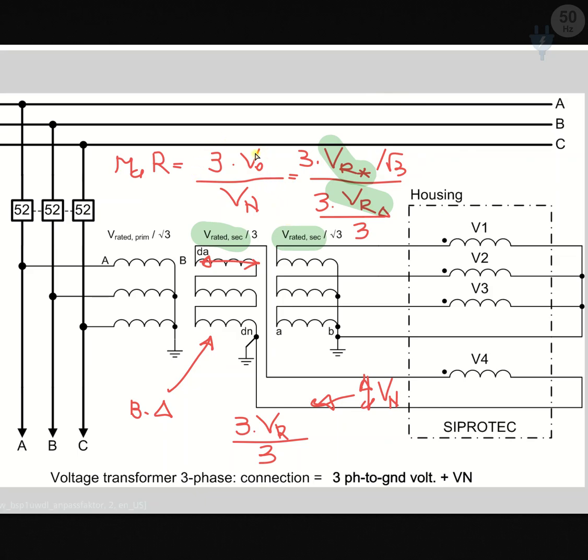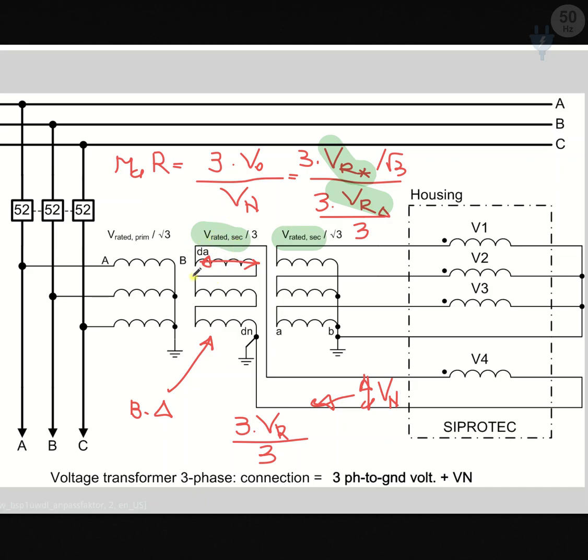And we find the matching ratio, and also we find the V0 from here. And according to the V0, we find what should be the maximum operational zero sequence voltage in our system. For example, here sometimes these voltages are not equal.